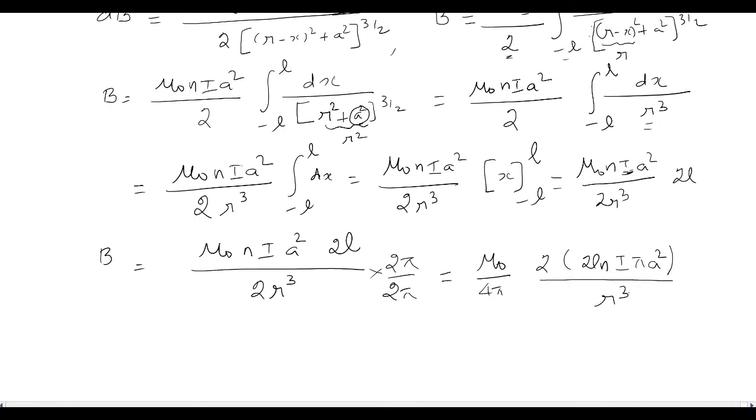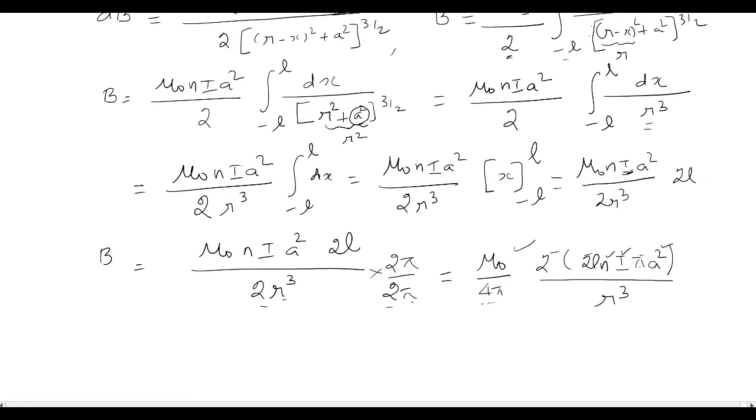Some rearrangement. How do you check this? You see 2, 2, 4 pi r cube. So 4 pi r cube. Numerator what do you have? Mu naught N I A square. Mu naught N I A square. 4l pi. 2 into 2, 4 l pi.